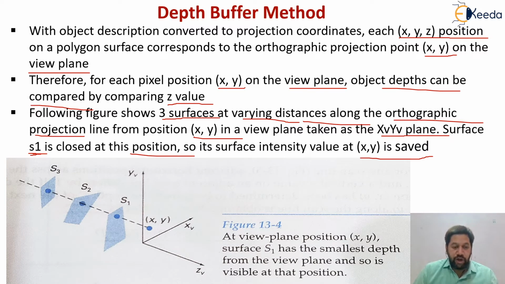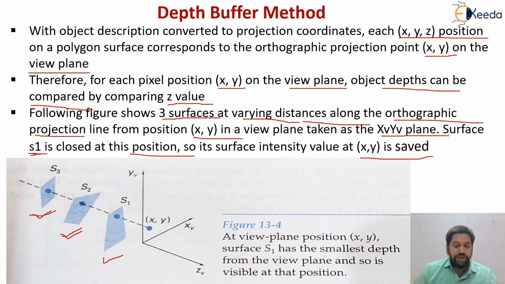I have three polygons or three surfaces. This is my polygon number one, or object number one, S1, or surface number one. This is my second polygon, S2, or my second object with surface S2. And this is my third polygon, S3. So this is surface number 3, or polygon number 3, or object number 3.